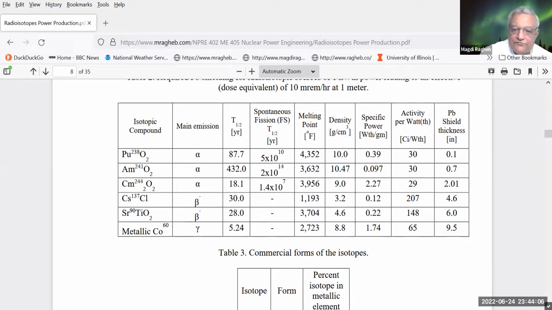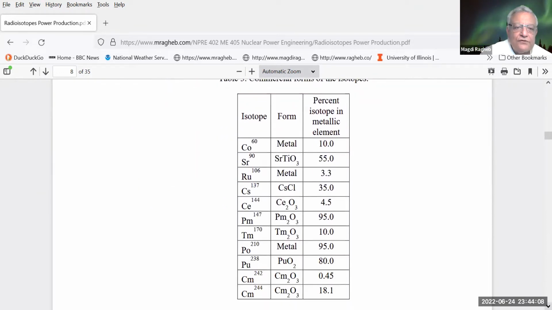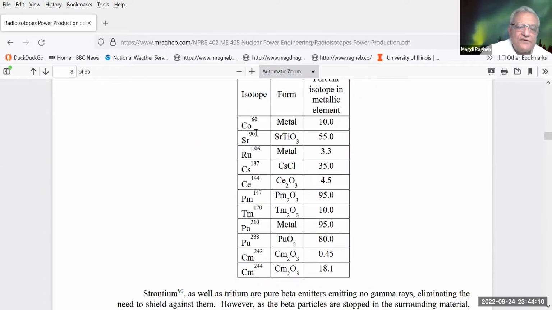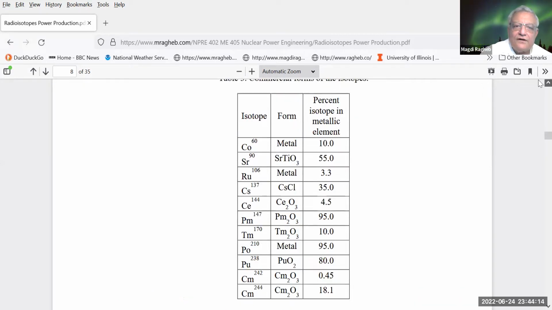There are commercial forms for those isotopes. Let me mention, for instance, again, strontium titanate, because it can take very high temperatures. And in that case, the strontium would be 55% in the metal itself. Cobalt-60 is used as a metal, as well as ruthenium-128.